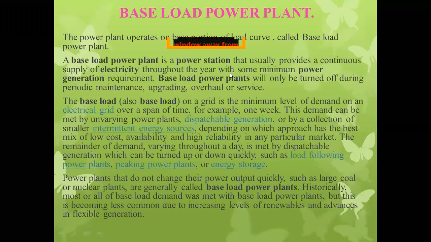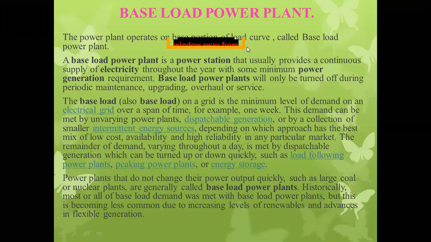So a base load power plant is nothing but the power plant which operates on the base portion of the load curve. A base load power plant is a power station that usually provides a continuous supply of electricity throughout the year.